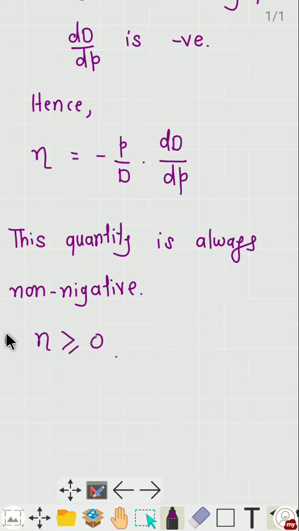That is, eta is always greater than or equal to 0. Okay, so this is the main observation.